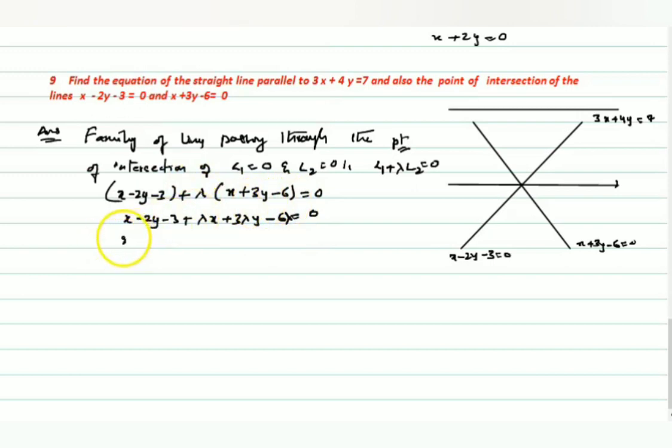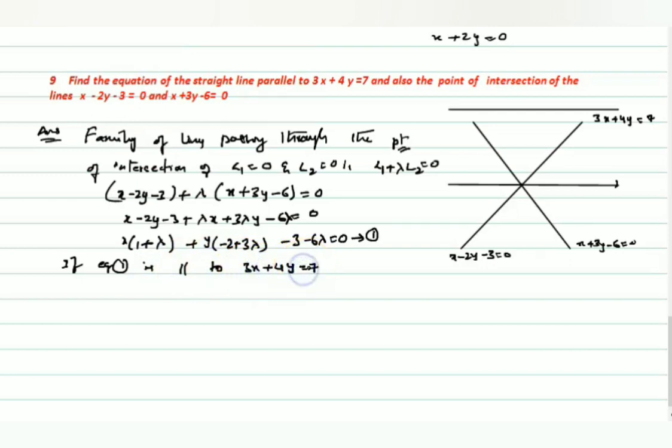So x into 1 plus lambda plus y into minus 2 plus 3 lambda minus 3 minus 6 lambda is equal to 0. This is equation number 1. Since equation 1 is parallel to 3x plus 4y is equal to 7.